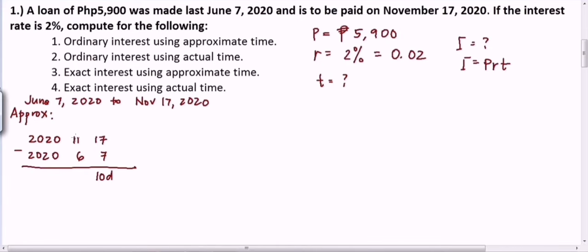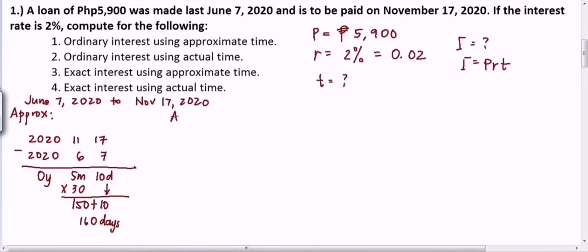So, 10 days. 11 minus 6, that is 5. So, 5 months. And then 2020 minus 2020 is 0. So, 0 year. So, kailangan ang sagot natin naka-days. So, ito, naka-days na siya. So, ito, multiply ko by 30. So, 5 times 30 is 150 plus the 10 days here. So, ang approximate time natin is 160 days.